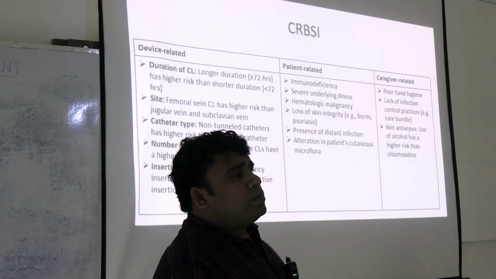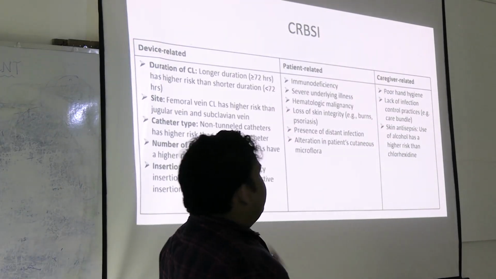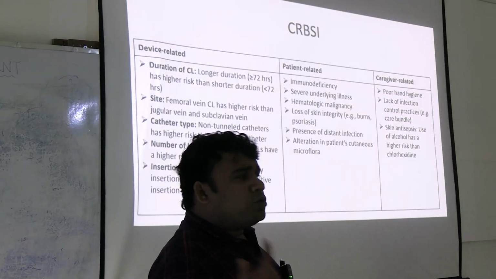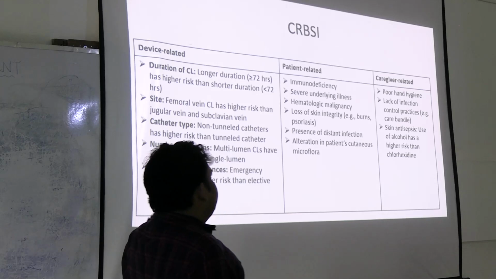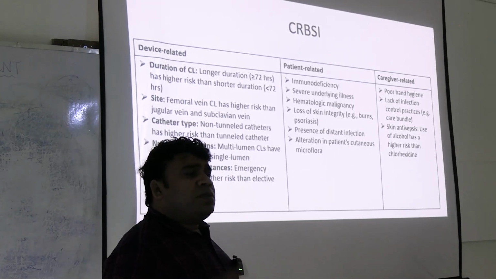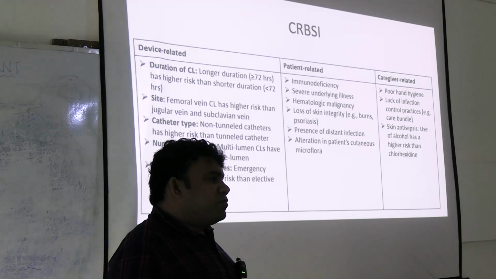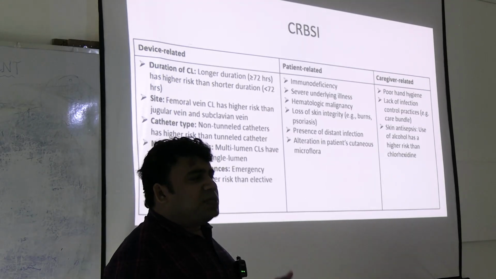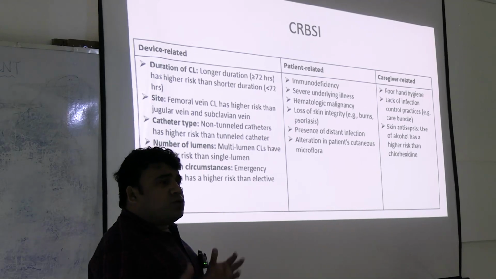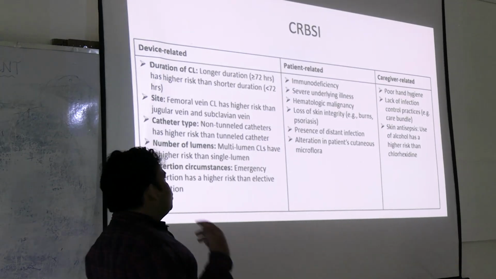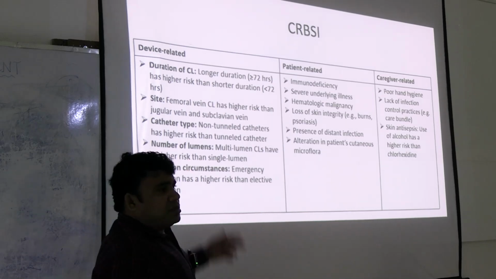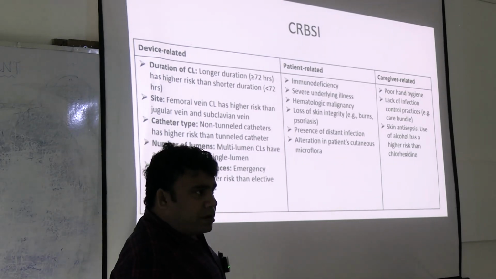Similar to urinary catheter, we have some risk factors related to the device, related to the patient and related to the care group. Over here, the device related factor, like in urinary catheter, is first the duration of the catheter placement. The longer the catheter is placed, the higher the chances of getting infected. What is the site? Based on the probability of contamination, femoral or jugular. The catheter type: non-tunnel catheters are at a higher risk, which means tunnel catheters would be better.